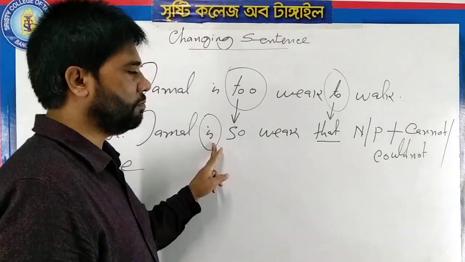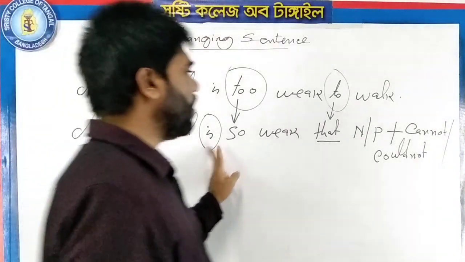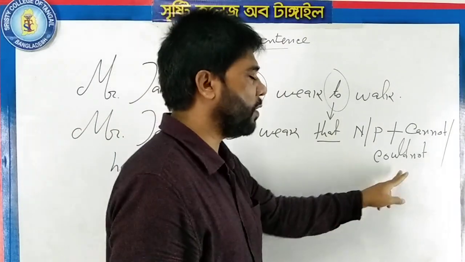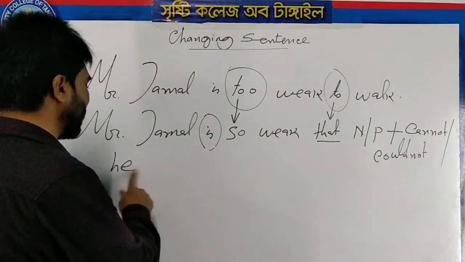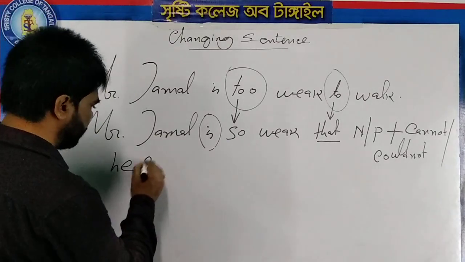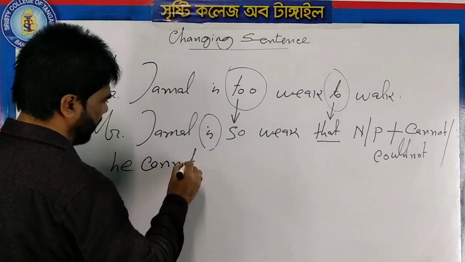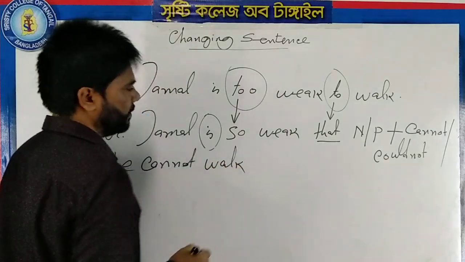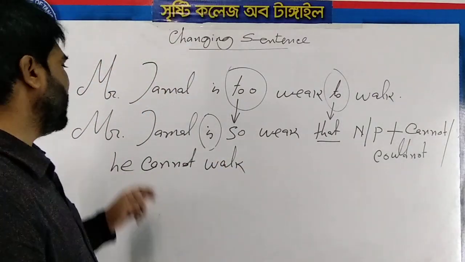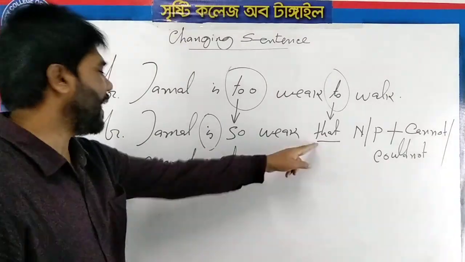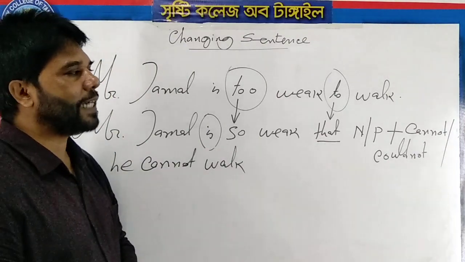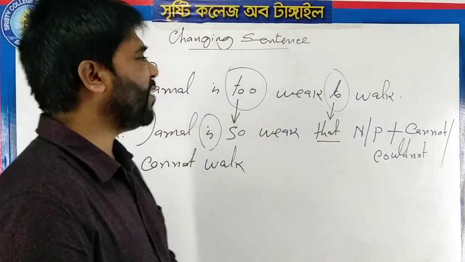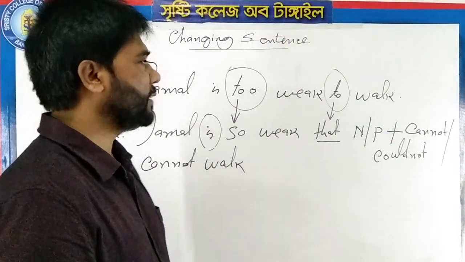It is a present form, and for present form the modal verb cannot, and for past form the modal verb could not will be used. So obviously we can use here he cannot work. Yes, Mr. Jamal is so weak that he cannot work. This is our complex sentence.